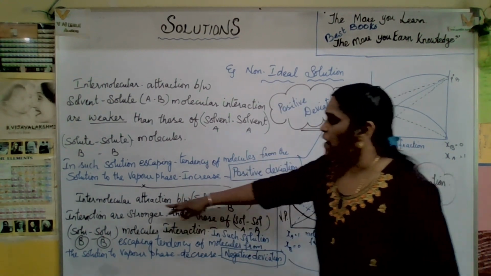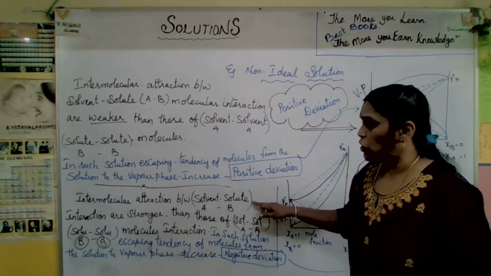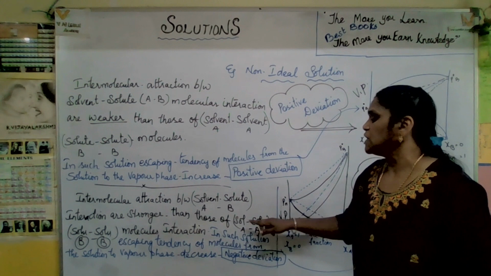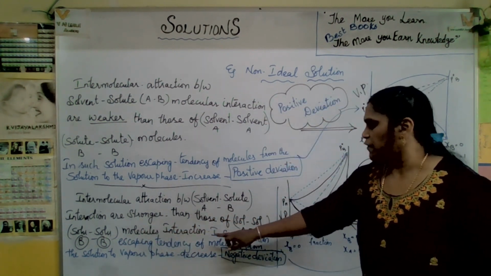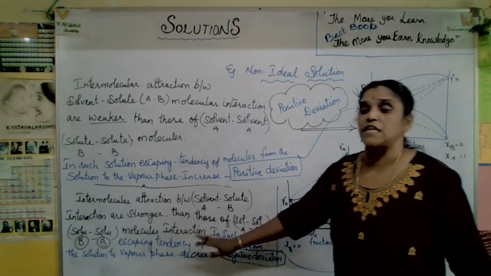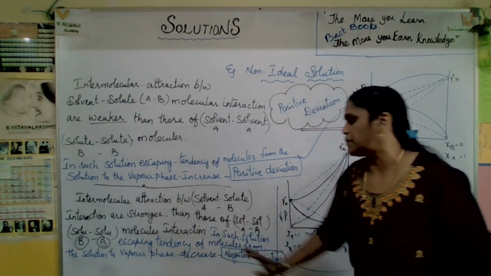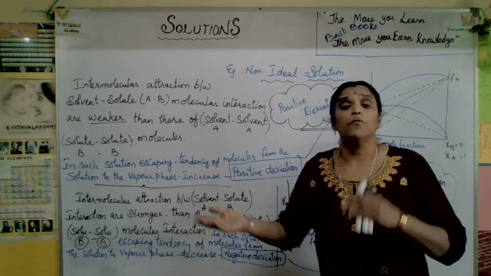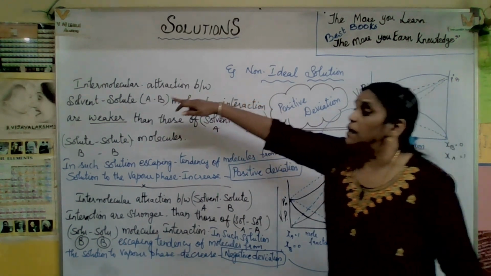In that same way, when the intermolecular attraction between solvent and solute is stronger than those of the solvent-solvent and solute-solute interactions, the escaping tendency of the molecules from the solution to the vapor phase decreases. Now, where it is weaker and where it is stronger, I hope you got an idea.